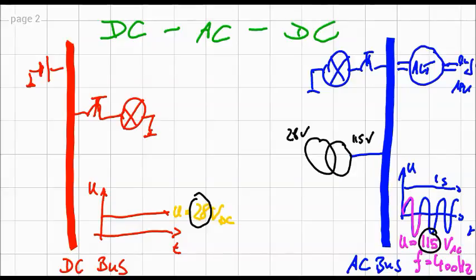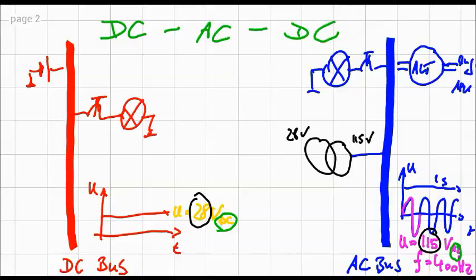Good, then we have another problem, and the other problem is that I run out of colors. Well, let's continue with yellow. Yellow no good. I use green. I have alternating current here, and I have direct current here.